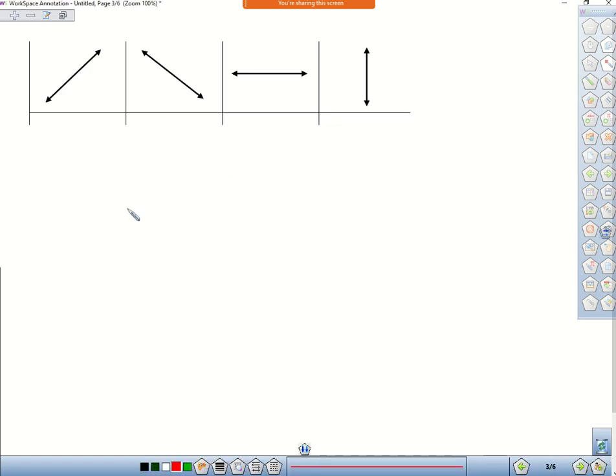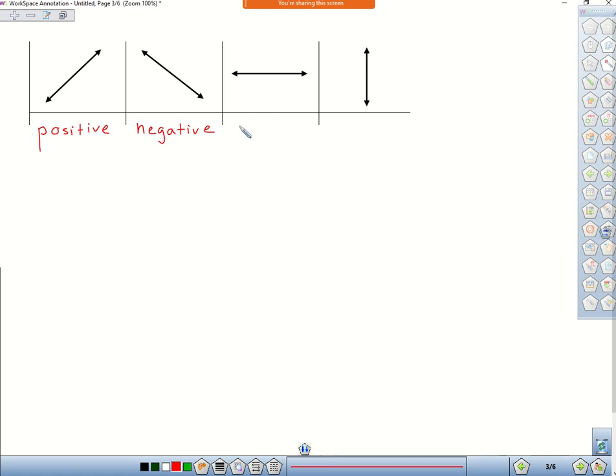So the next bit here, we're going to talk about what these slopes are. The slope of this line is what we call a positive slope because the line's going up. And if this is a positive slope, what do you think this one over here is? Negative. Good. Negative slope. And this one, what do you think?